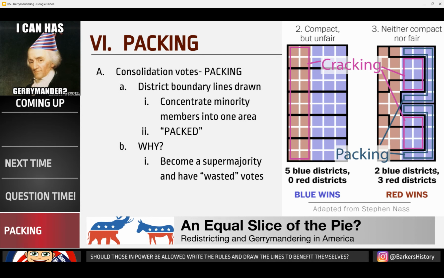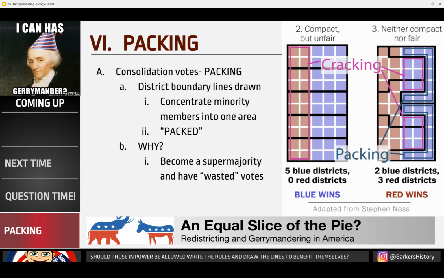Packing, on the other hand, does the exact opposite. It piles as many people as you can into one district. So let's say, for instance, you have a state that has a few urban centers where that is the majority of your population, and the majority of your population is liberal, for instance.